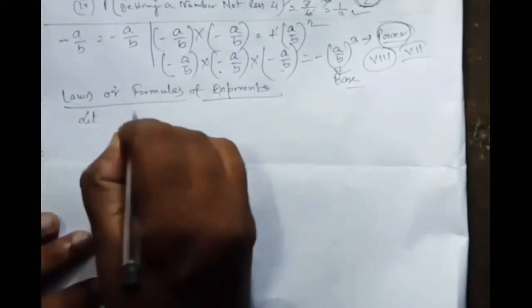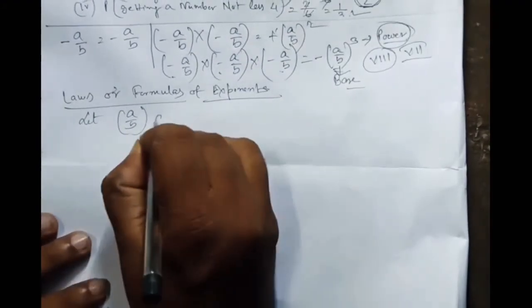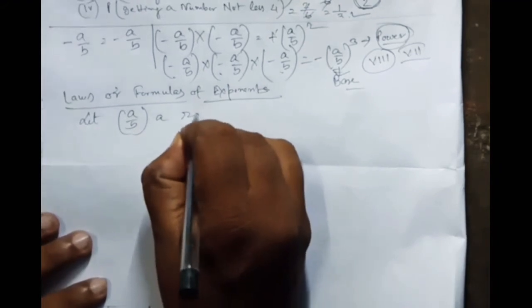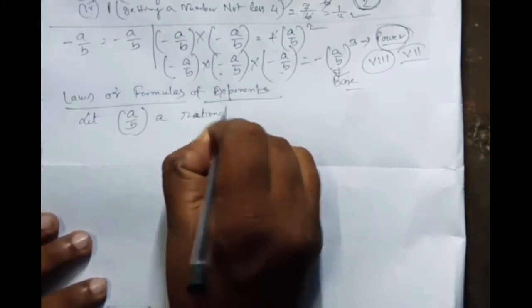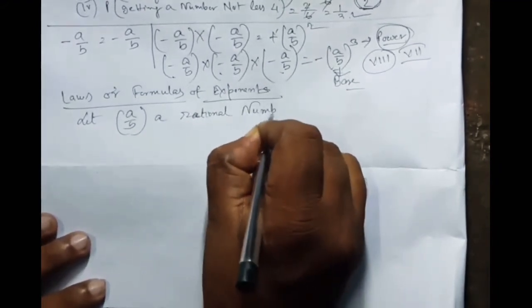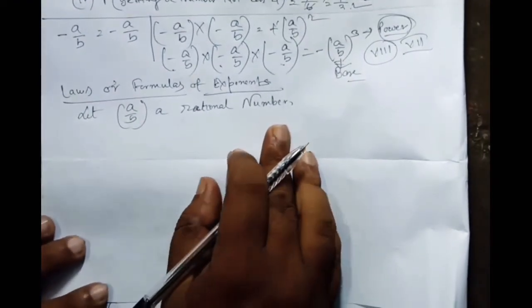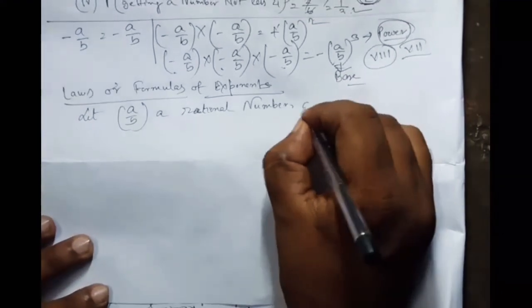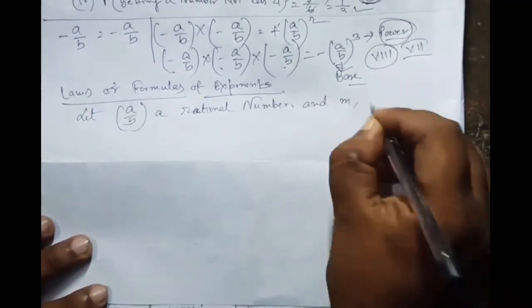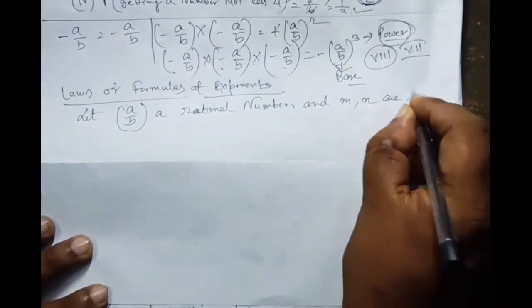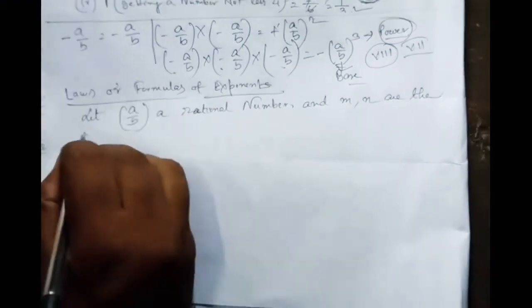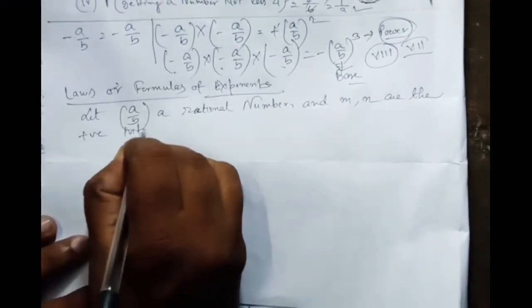First, let a by b be a rational number. Suppose we have taken a by b to be a rational number and m, n are positive integers.